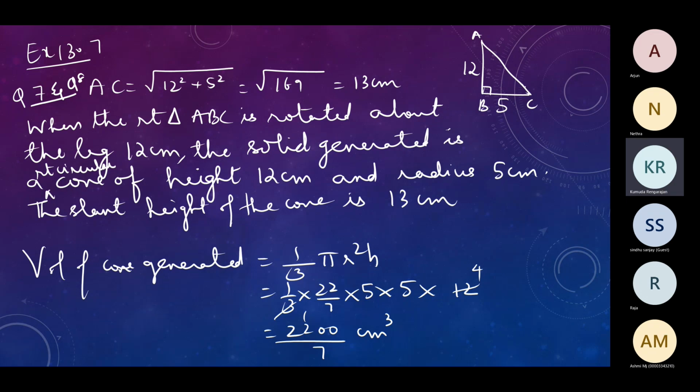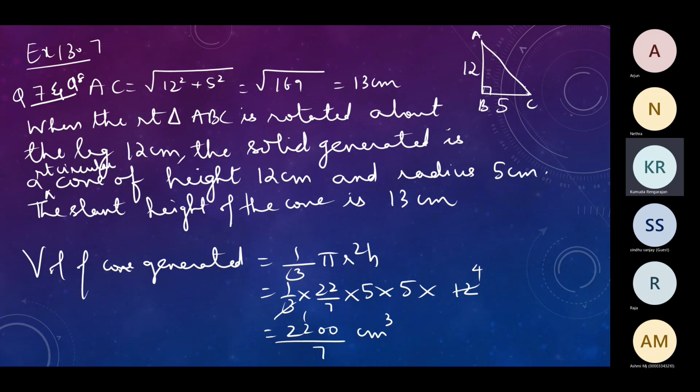Now we have to find the volume of the cone generated. 1 by 3 pi r square h. Go ahead, substitute the values. You can find the decimal value. I just left it like that. This is the volume of the cone generated. Now you can rotate the right triangle about AB or about BC, so 2 different right circular cones will be generated.